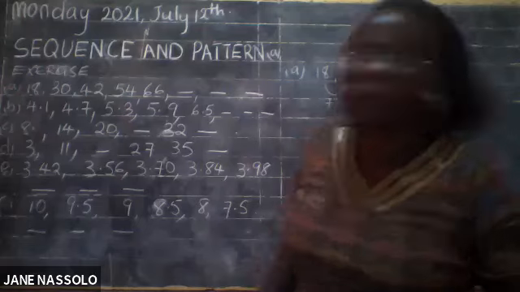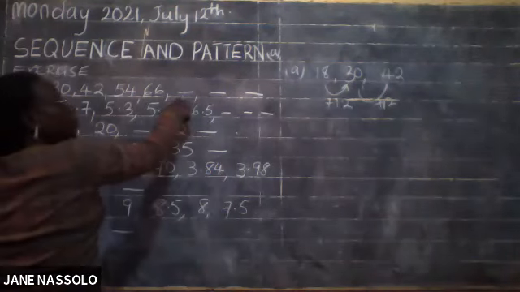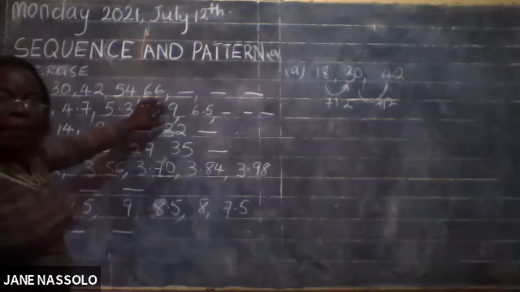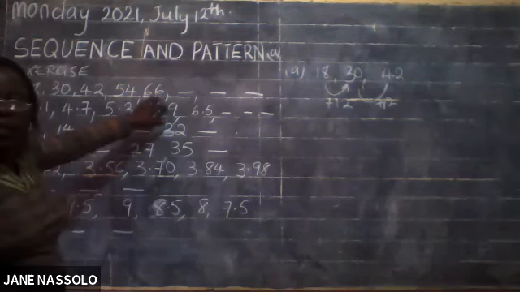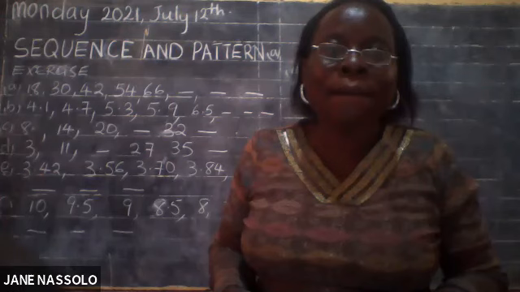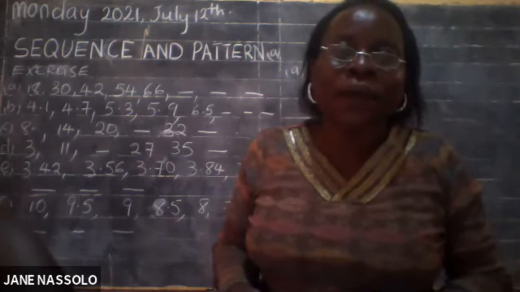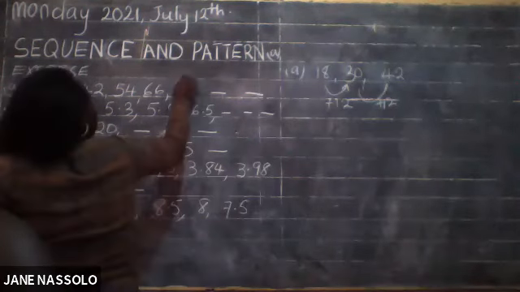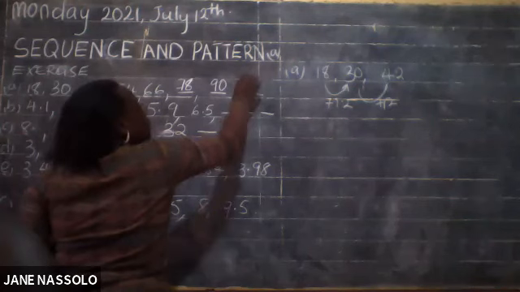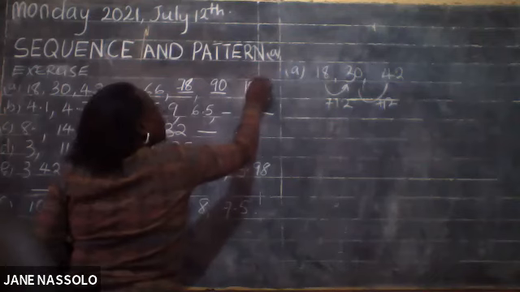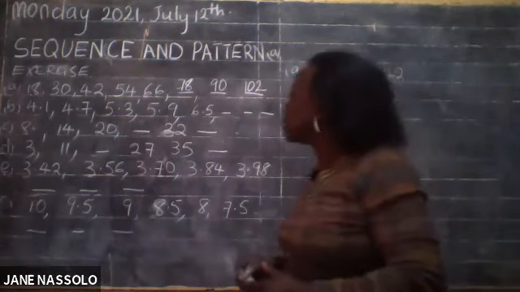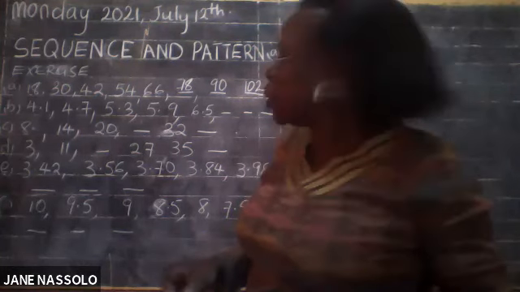I got 78, not 98. 78, 90, then 102. So those are the next 3 terms using the sequence.